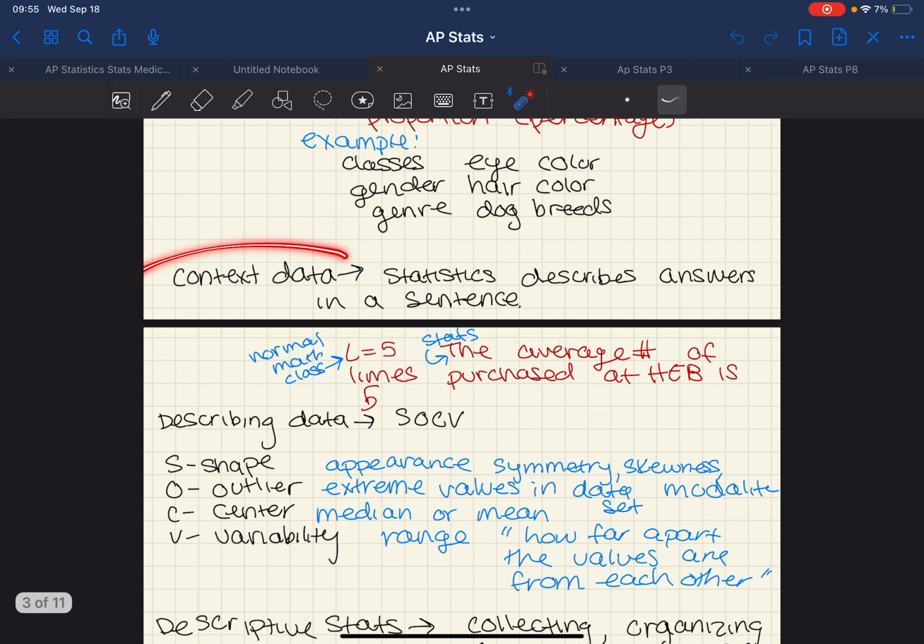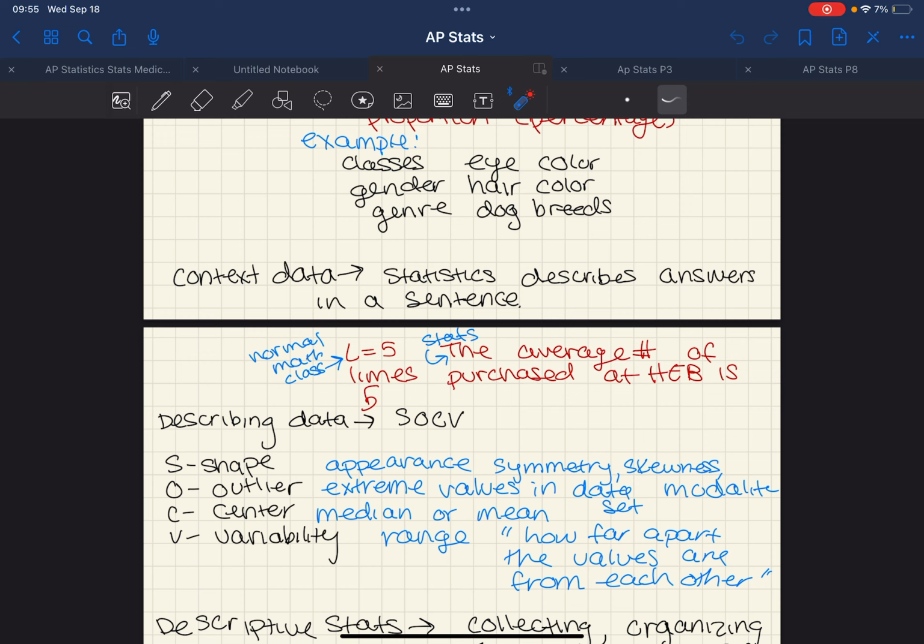One important thing about statistics is to always mention the context of data. So context of data means that we are going to describe the problem with our answers. So if you think back to a normal math class, and we're using the example of limes purchased at H-E-B, if you were to just solve the whole thing and get L is equal to 5, this would be okay for any other math class.